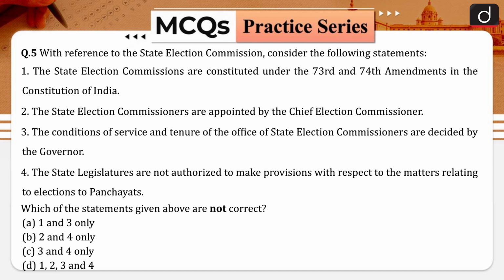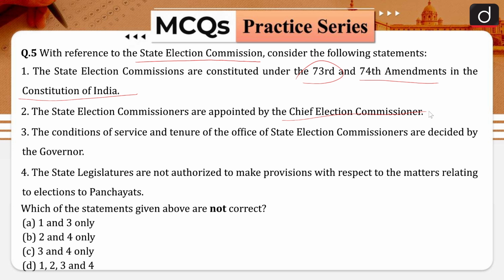So the question is, with reference to the State Election Commission, consider the following statements. Statement number 1: The state election commissions are constituted under the 73rd and the 74th amendments in the Constitution of India. Statement number 2: The state election commissioners are appointed by the Chief Election Commissioner.